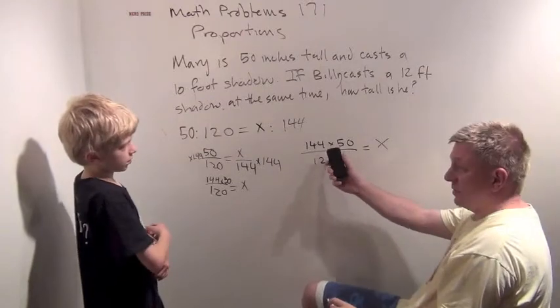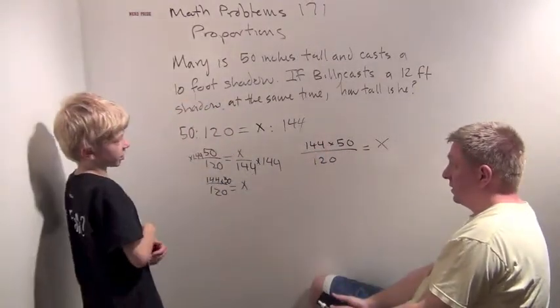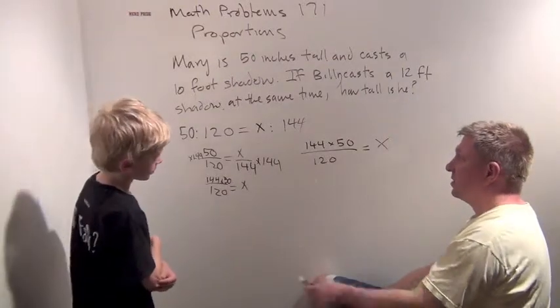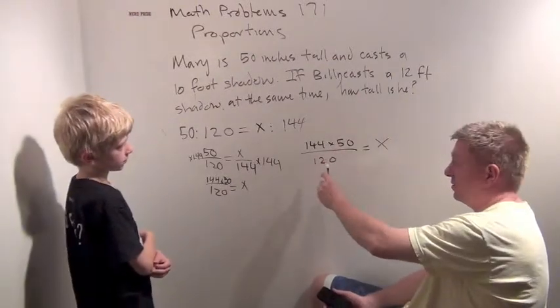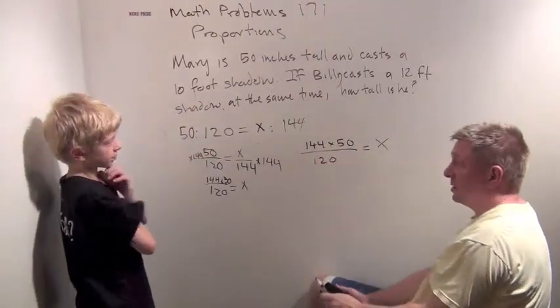How are we going to deal with this complicated fraction? We could simplify some things on the top and bottom. This is why we simplify before we multiply, because lots of things cancel, making the multiplication a lot easier.